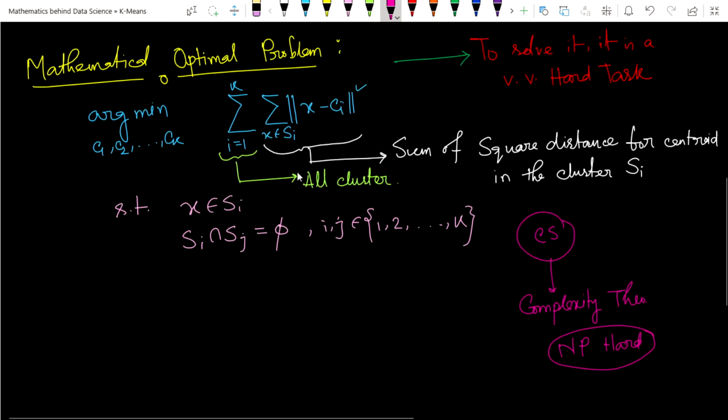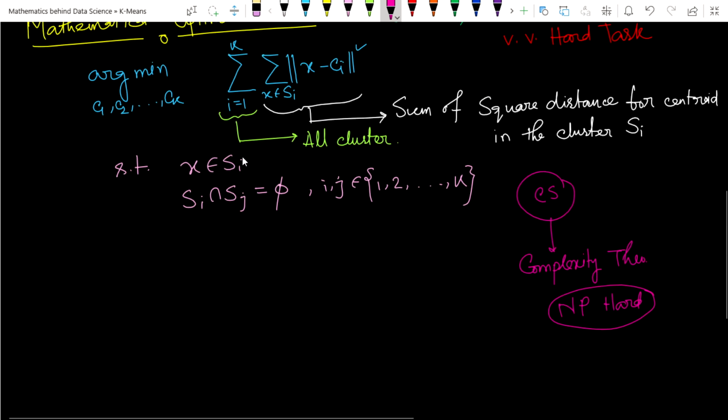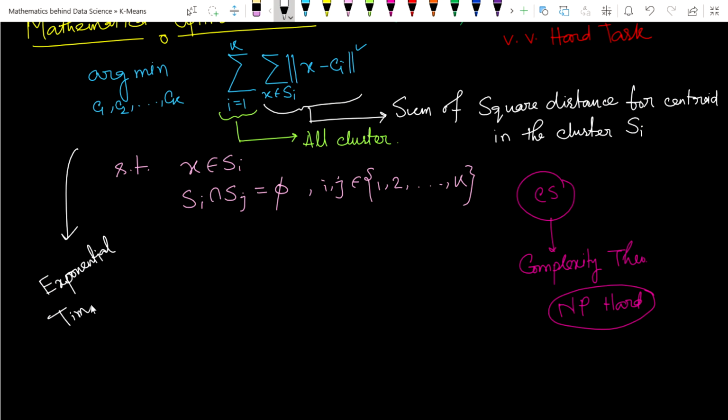In general, the time complexity of the algorithms to solve this problem increases exponentially. It has exponential time complexity.